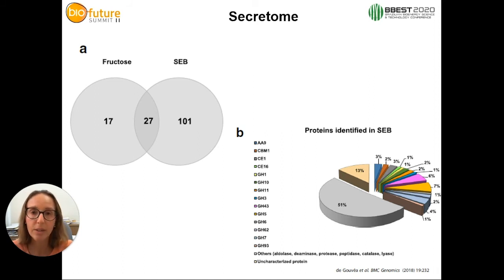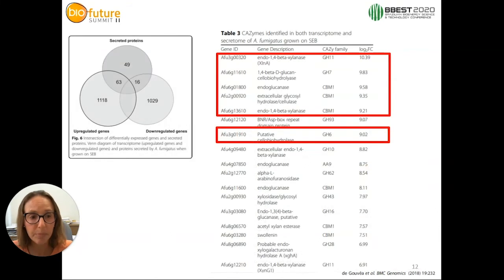We detected 128 secreted proteins in sugarcane exploded bagasse supernatant, 101 of them exclusive to the biomass. This graph represents all the proteins detected in cell culture, and many CAZymes were observed among these proteins.